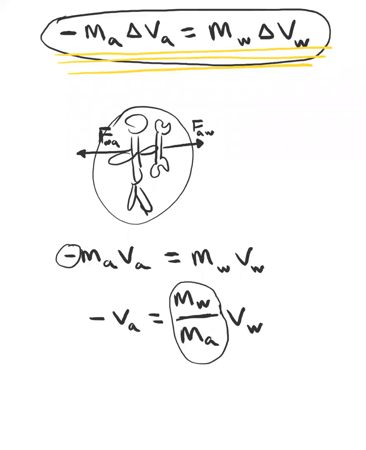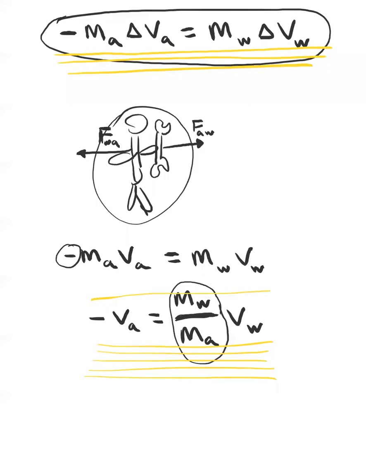So if the astronaut is very heavy, then it will have a much lower velocity compared to the wrench. And the other way around. If the wrench is very heavy, then the astronaut will have a high velocity compared to the wrench. I think all of this makes intuitive sense.